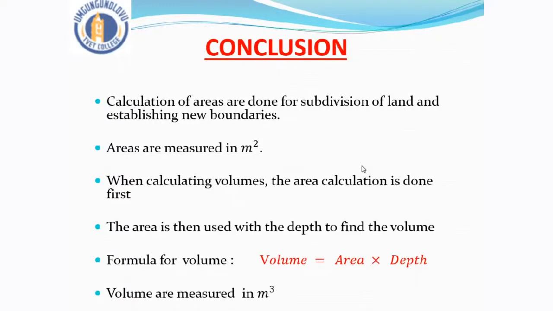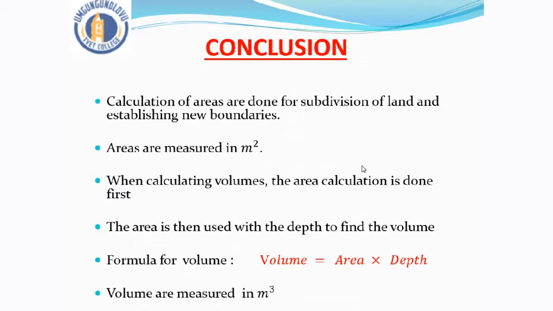Okay, all in all, when we are calculating the area, we want to subdivide the land and create new boundaries. Areas are measured in square meters. When calculating volumes, the area calculation is done first. The area is then used with the depth to find volume.